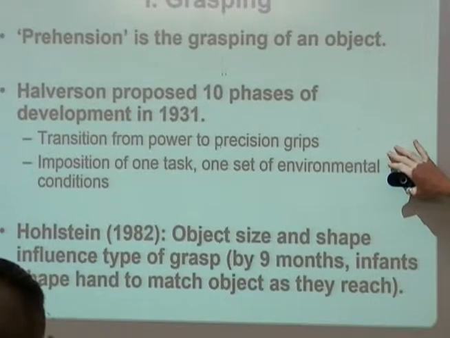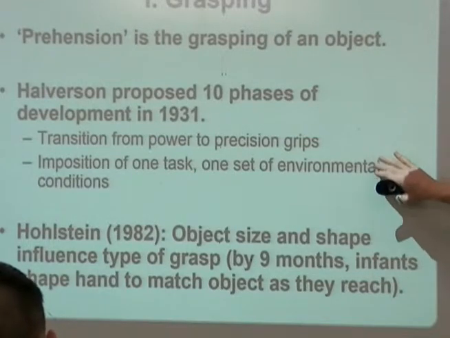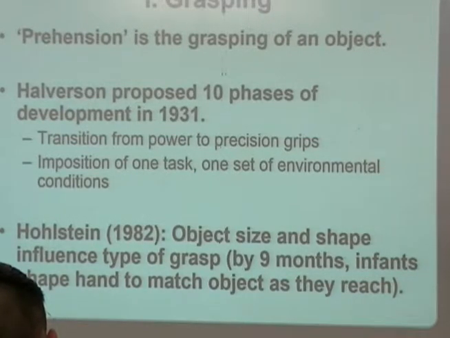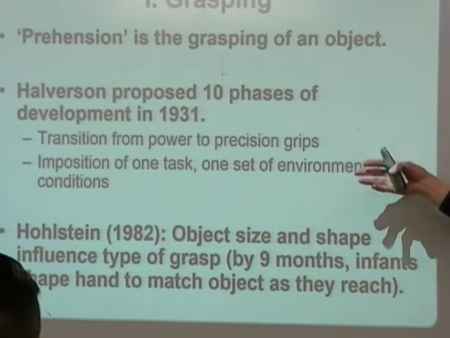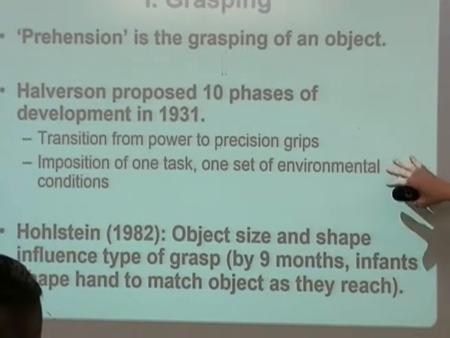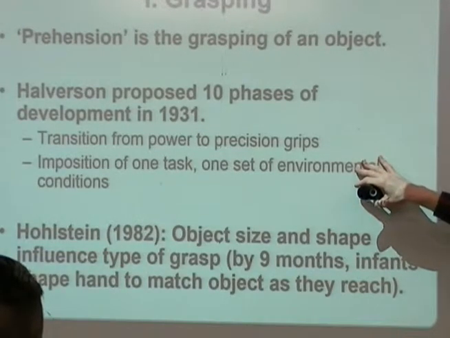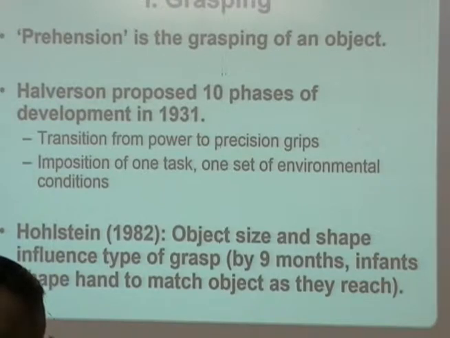So initially here, people interpreted this very much along the lines of maturational theory. The babies don't use a precise grip because their nervous system hasn't developed well enough, right? And they weren't seeing precision grips until 9, 10, 11, 12 months, quite old.